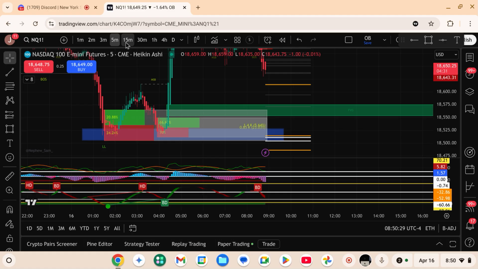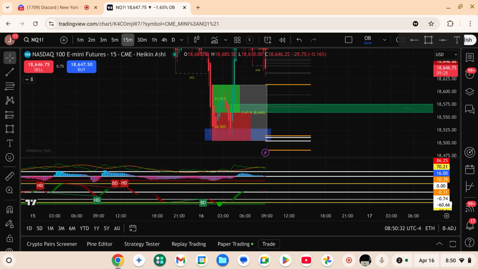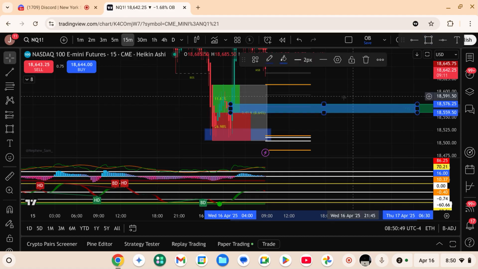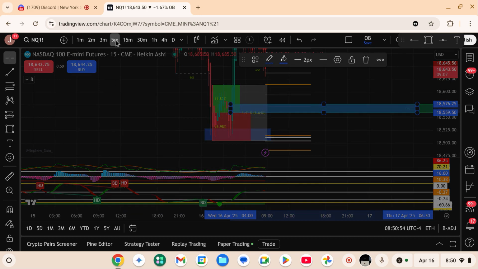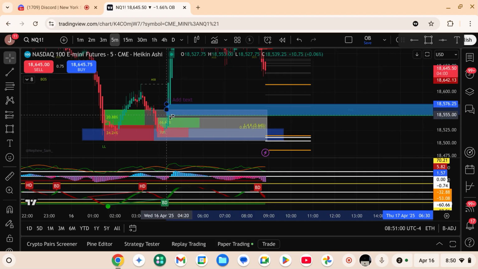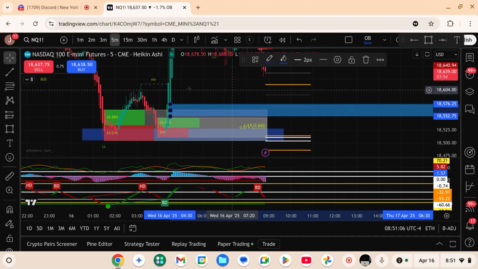Actually, I just noticed this. Let me see how this looks. This gap here on the 15 minute. Let's go to the 5 minute. Let's adjust that. And then let's look at 2 minute.